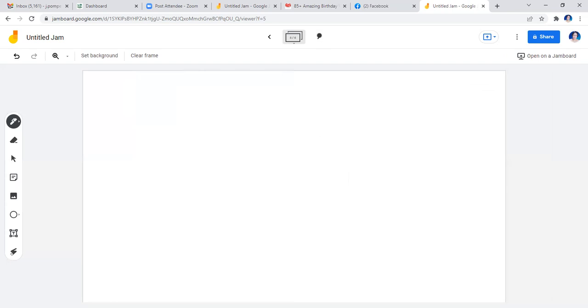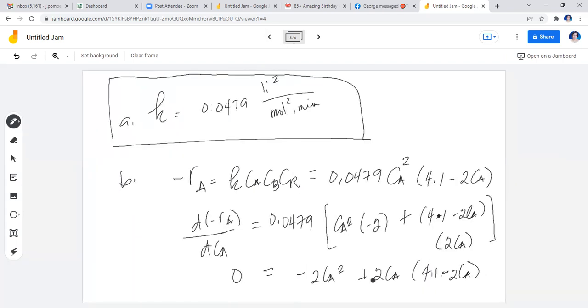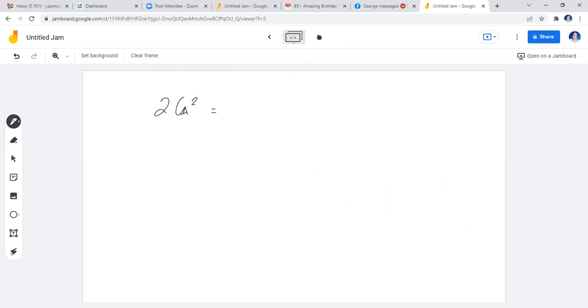The next page, you will have 2CA squared. When placed on the left would be positive. This one, and this one I'll copy, stays on the right side. 2CA times 4.1 minus 2CA. Let me check.